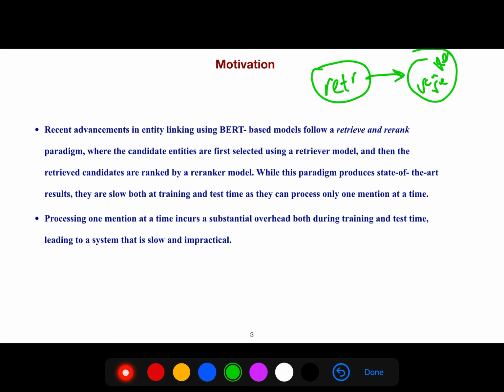While this paradigm produces state-of-the-art results, they are slow, both at training and testing time, as they can process only one mention at a time. Processing one mention at a time incurs a substantial overhead both during training and test time, leading to a system that is slow and impractical.